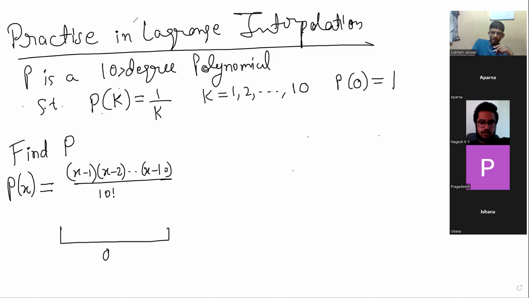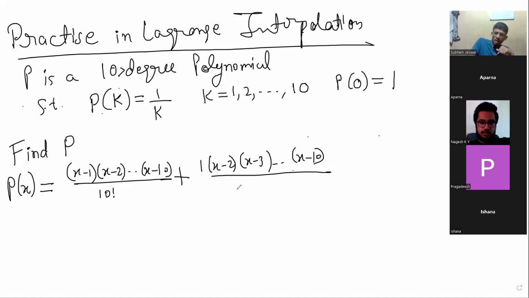So this is okay. Just following the interpolation formula. Nothing new. Right? So next term: 1 into x minus 2 into x minus 3 till x minus 10 by 1 minus 2, 1 minus 3 till 1 minus 10.